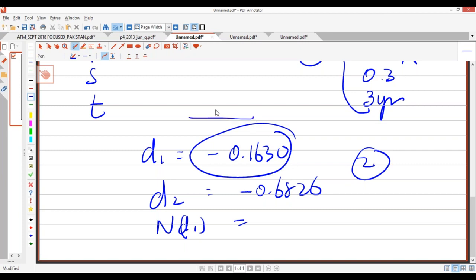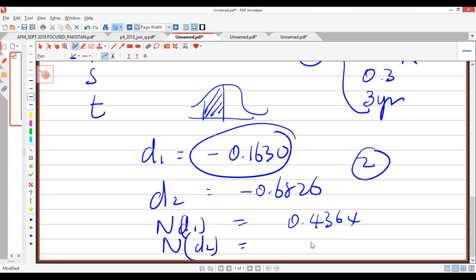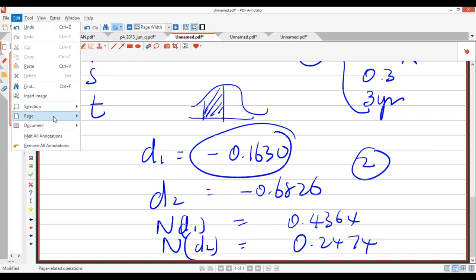If you're using the table, you should get 0.4364. Most of you will be using the table. If you know how to use the calculators, that will be good, but you must have the right calculator. Then 2474, and you're going to get the C value here.